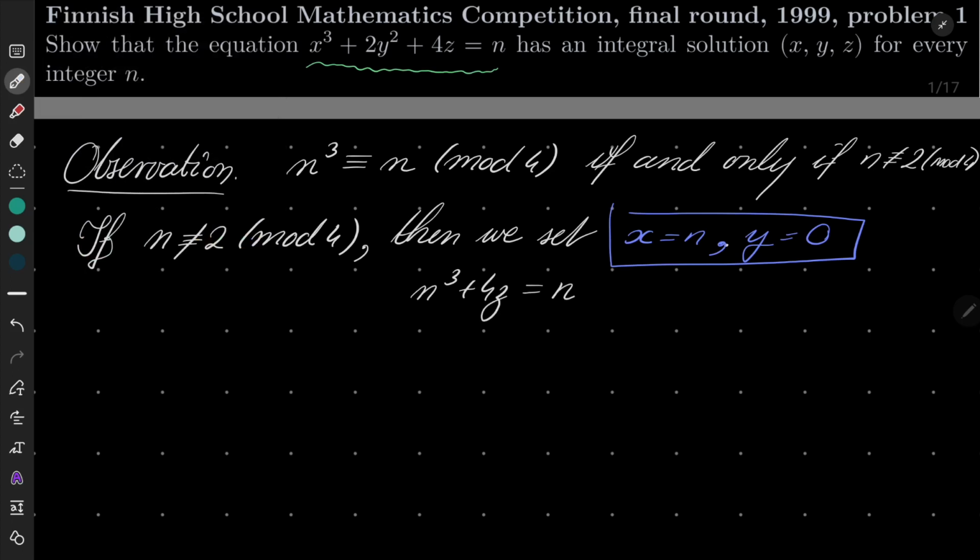In other words, z equals minus n cubed minus n over 4, and we know that this number is an integer because n cubed minus n is congruent to 0 modulo 4.